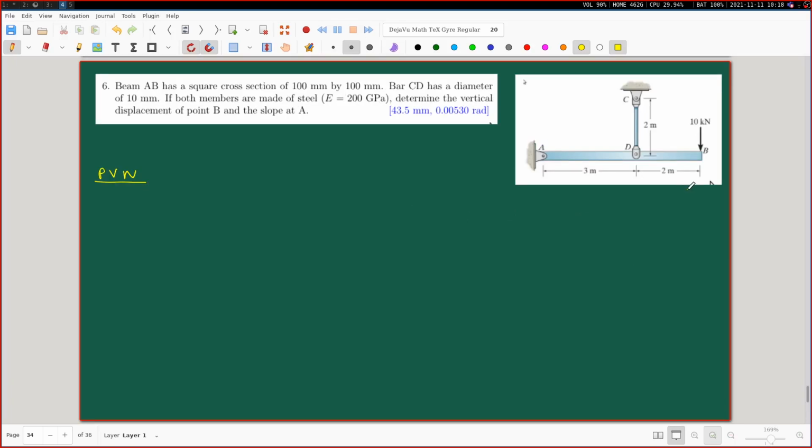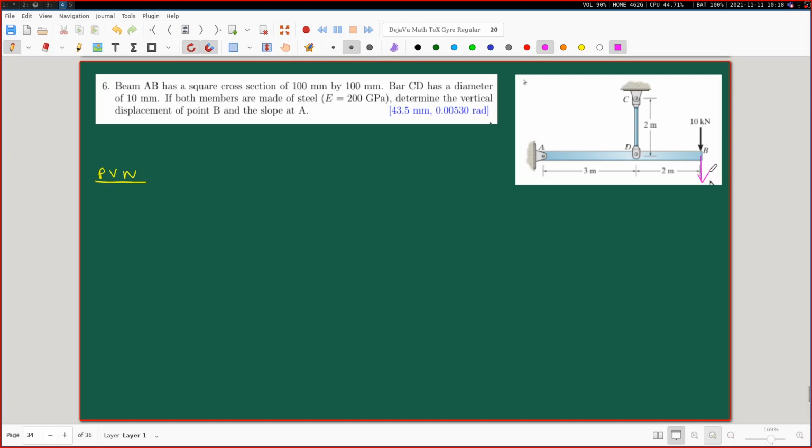I intend to determine the displacement at the point B. So this is our point of interest, and the direction of interest is in the vertical direction. So following our algorithm, all that we need to do is apply a virtual force of unit magnitude in this direction.